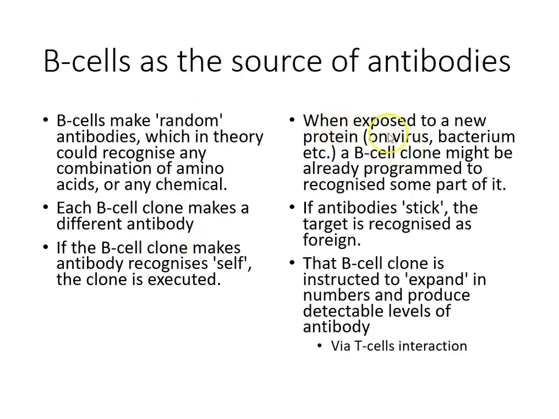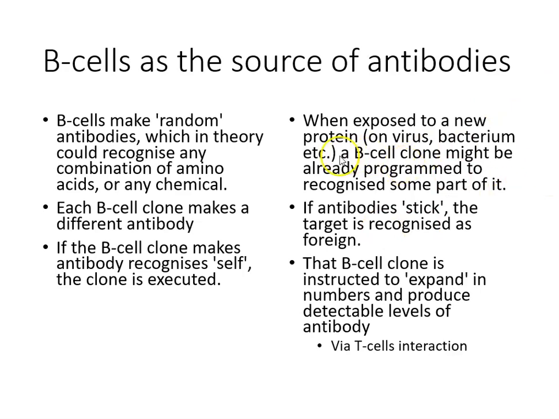When we get exposure to a new pathogen, virus, bacterium, something else, what we hope is that we've got enough B cells out there for one of them at least to recognize that this virus is foreign, that it could be COVID-19 spike protein, it could be something else. We would hope we've got a B cell population that recognizes that. We will also hope we've got a T cell population with a T cell receptor that recognizes that. They will agree between themselves that this thing is foreign and to elicit an immune response against it.